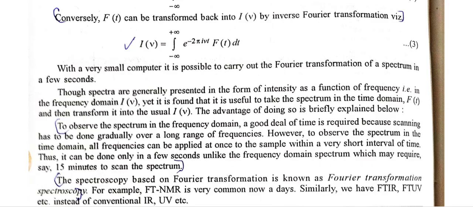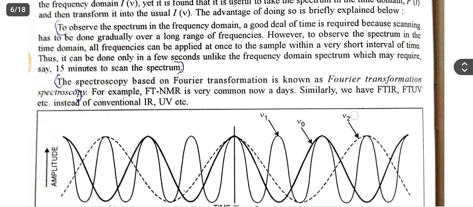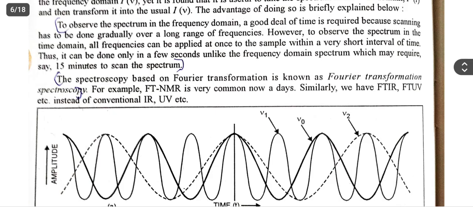To observe the spectrum in the frequency domain, a good deal of time is required because scanning has to be done gradually over a long range of frequencies. However, to observe the spectrum in the time domain, all frequencies can be applied at once to the sample within a very short interval of time. Thus, it can be done in only a few seconds, unlike the frequency domain spectrum, which may require say 15 minutes to scan.